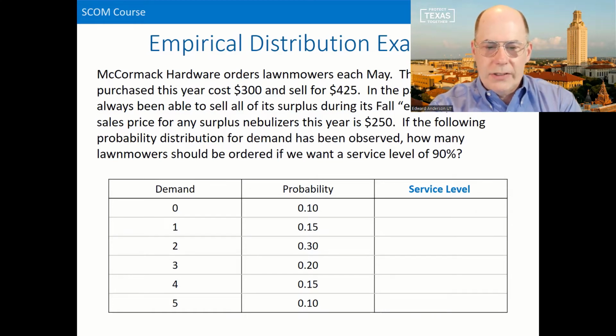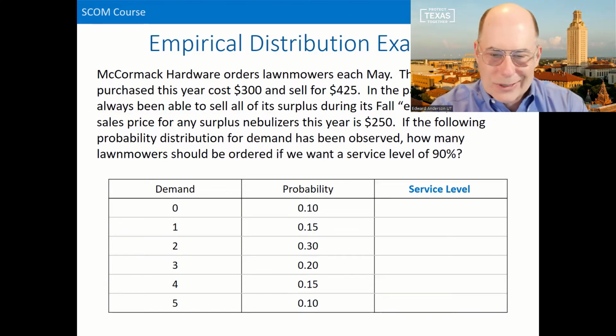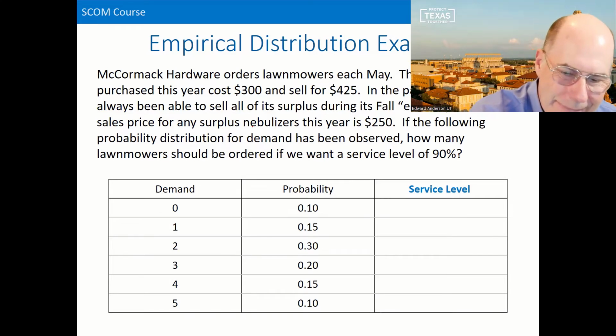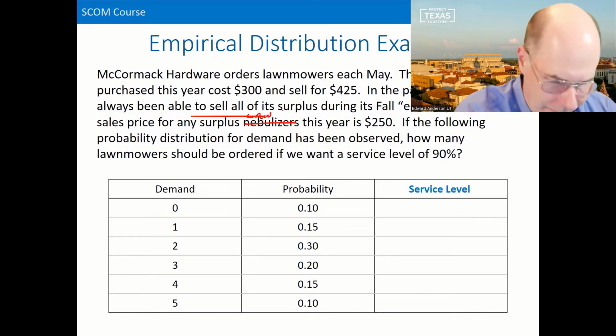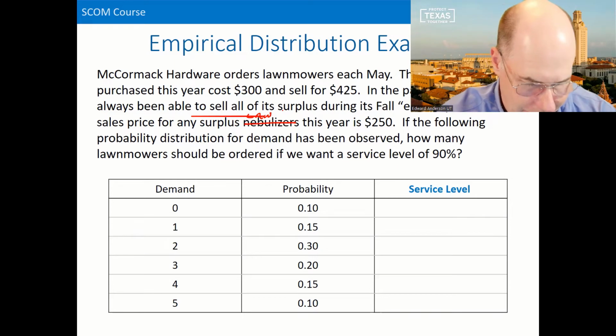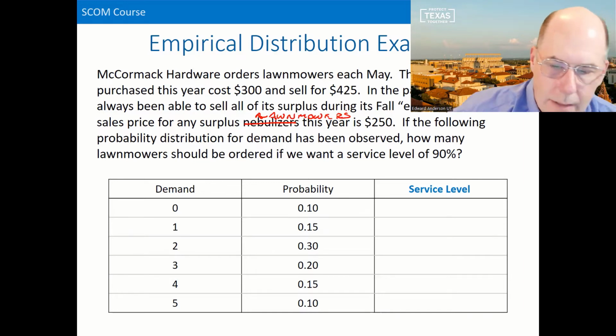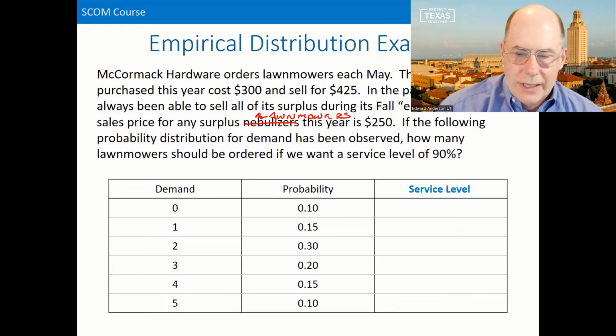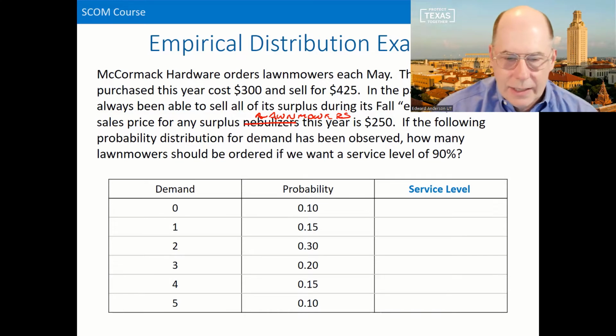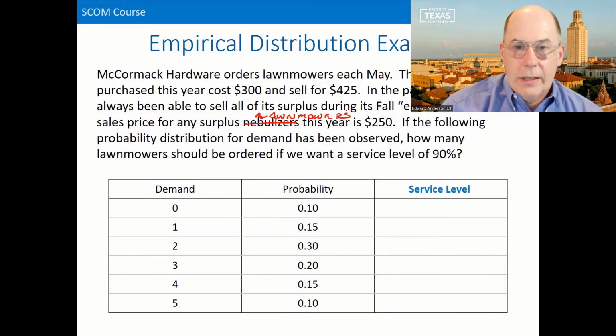The sales price for any surplus lawnmowers this year is $250. If the following probability distribution for demand has been observed in the past, how many lawnmowers should be ordered if we want a service level of 90%?